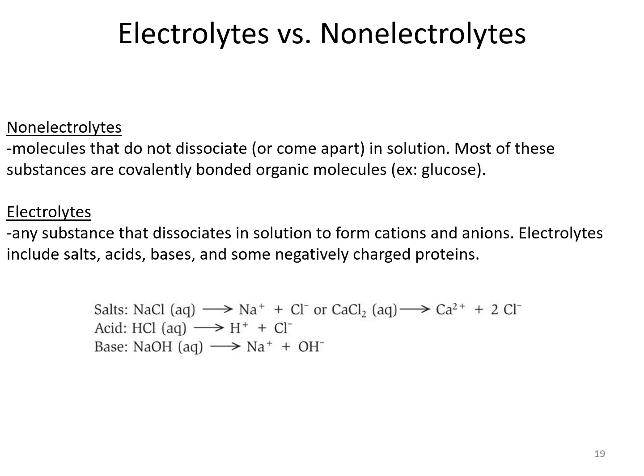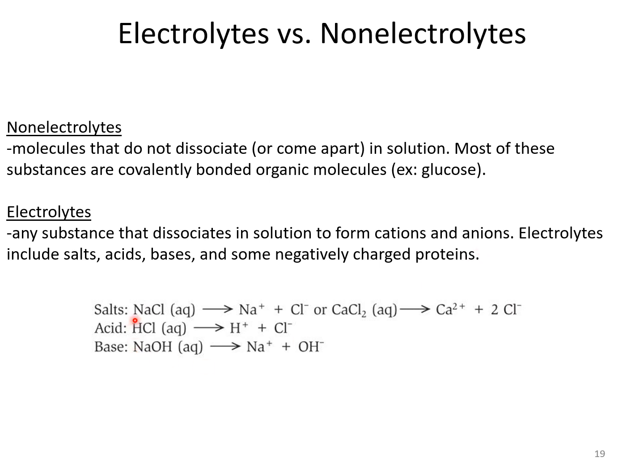An electrolyte is a substance that dissociates or comes apart when it gets into water. And when it comes apart, it's going to form cations and anions. So, refresher, positively charged ions and negatively charged ions. So electrolytes are going to be your salts, your acids, your bases, and sometimes negatively charged proteins.